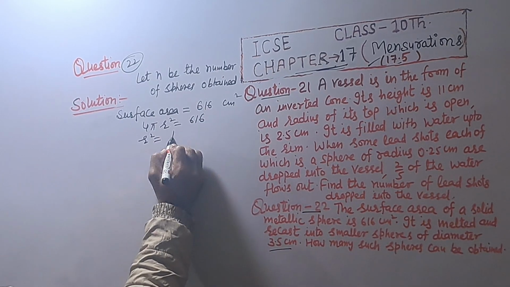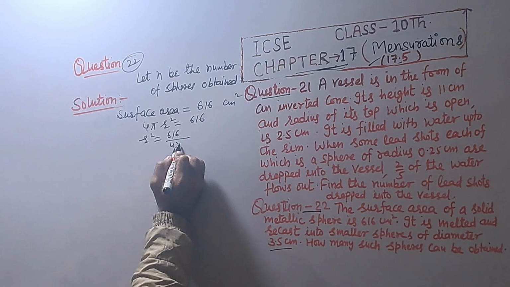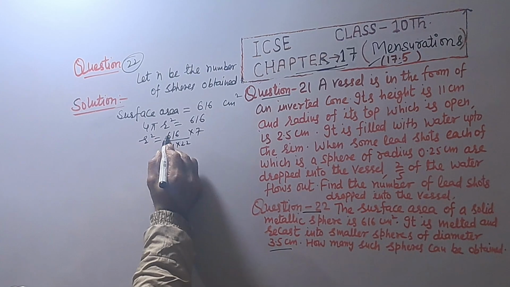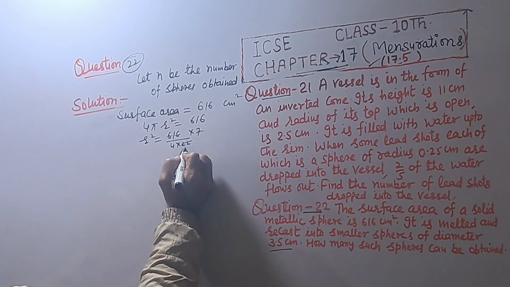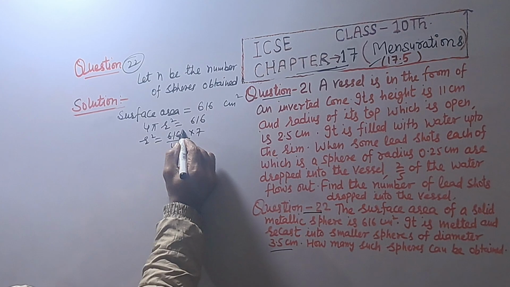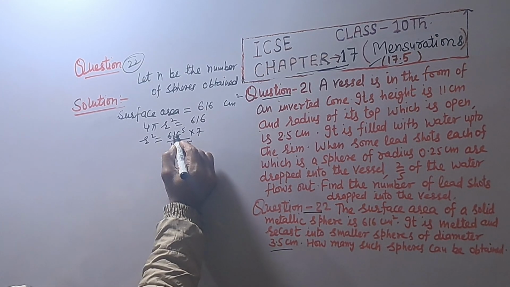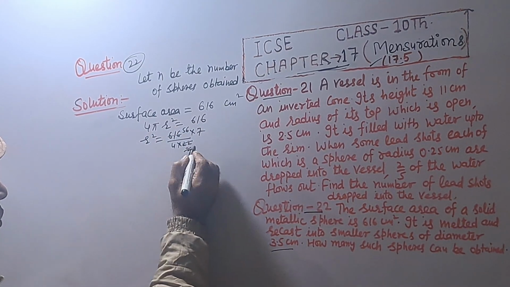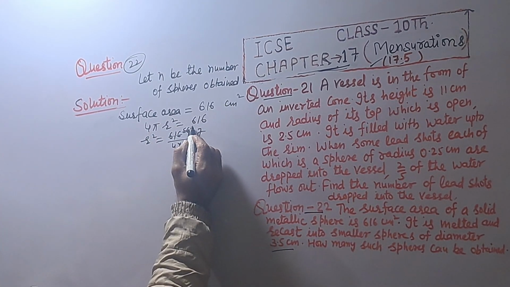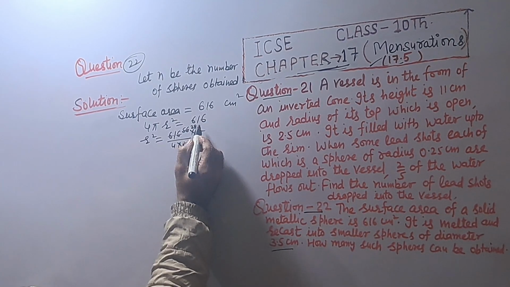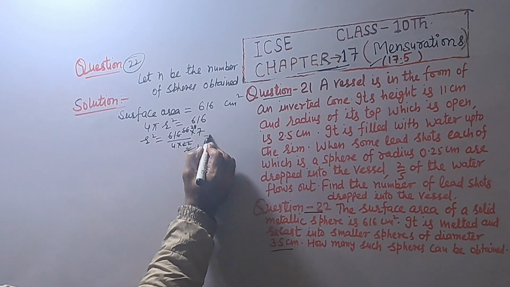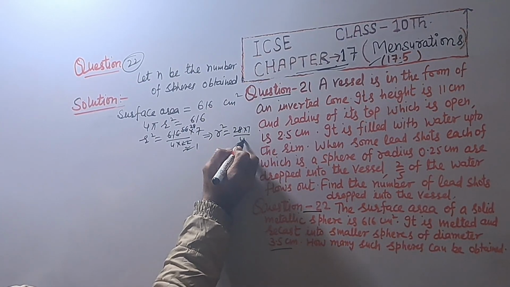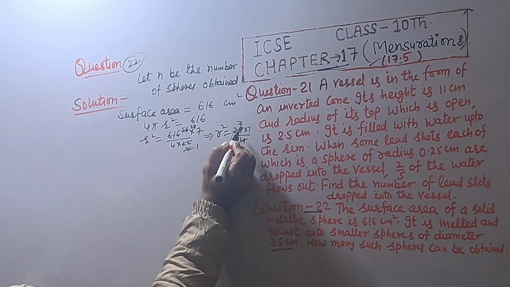R square is equal to 616 upon 4 into 22 multiplied by 7. 11 2s are 22, 11 5s are 55, 11 6s are 66. 2 1s are 2 and 2 2s are 4, which implies radius square equal to 28 into 7 divided by 4. 7 4s are 28.